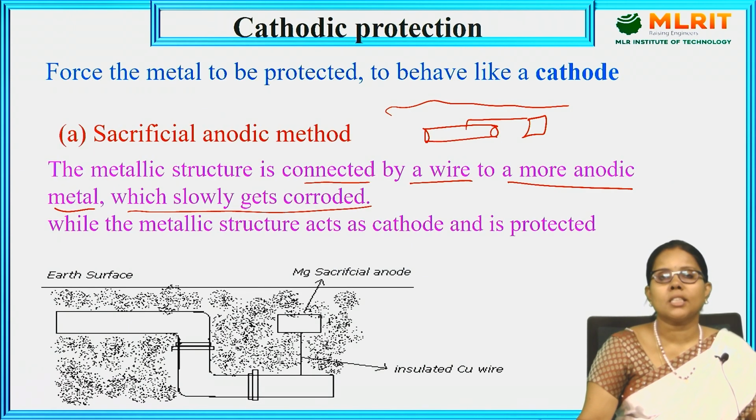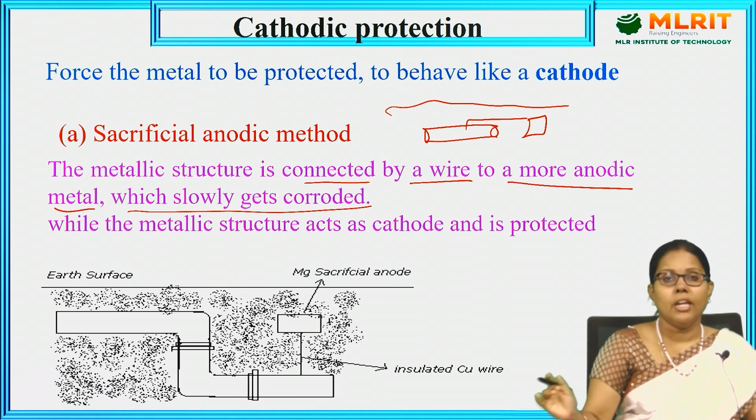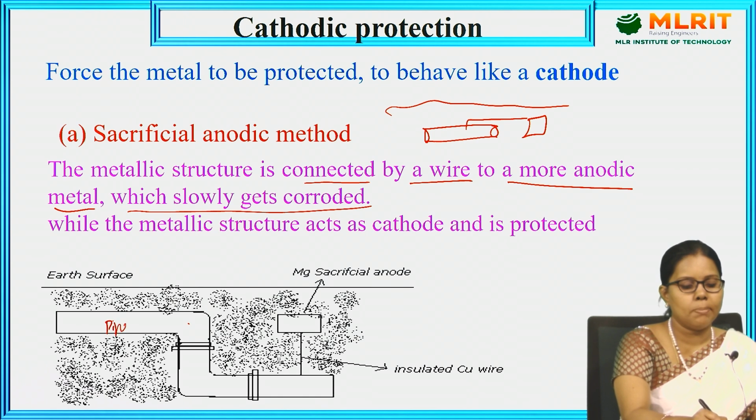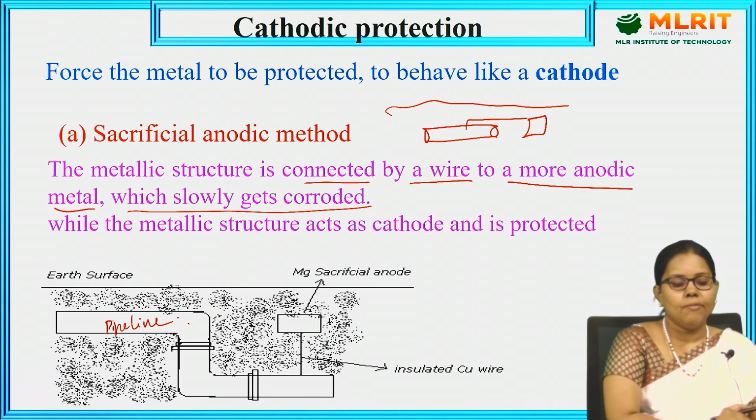The metal structure is connected by a wire to the more anodic metal which slowly gets corroded, while the metallic structure acts as cathode and is protected. If we see this diagram, this is a water pipeline or any pipeline under the earth's surface.